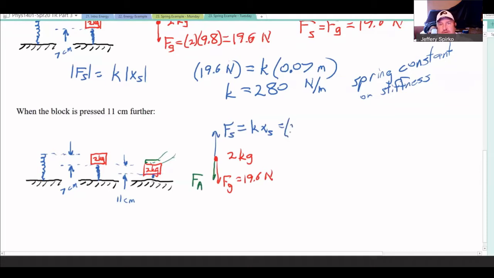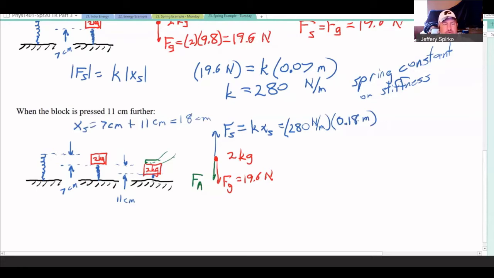This is 280 newtons per meter times 0.18 meters. Because the X of the spring, the amount of compression or squish of the spring, is the original 7 centimeters plus 11 centimeters, which is equal to 18 centimeters.